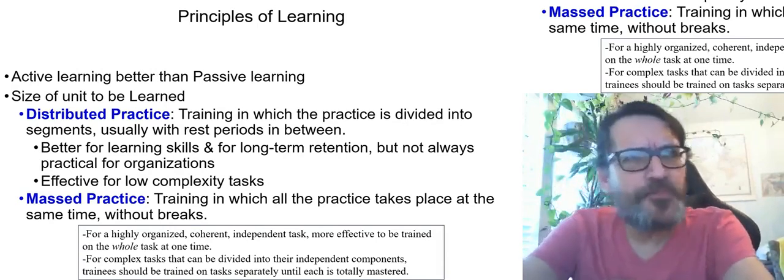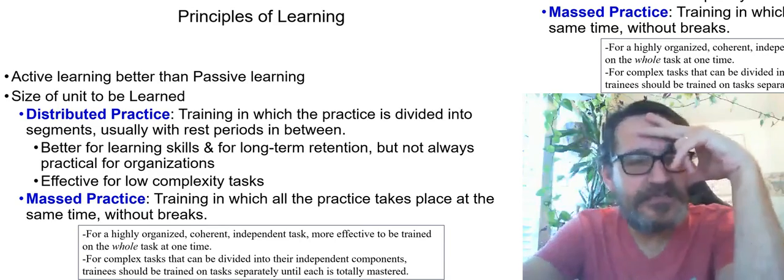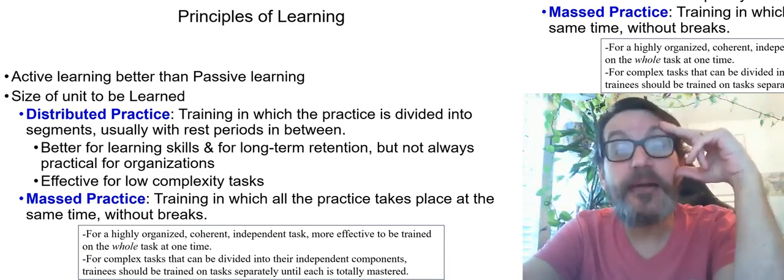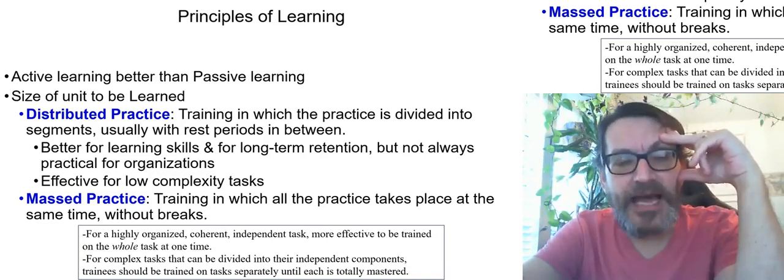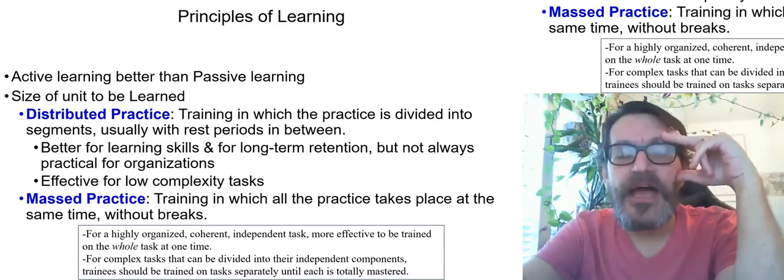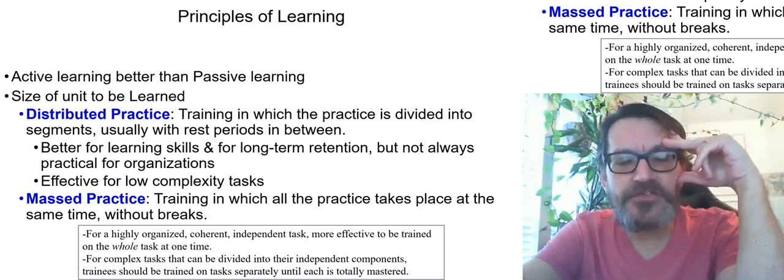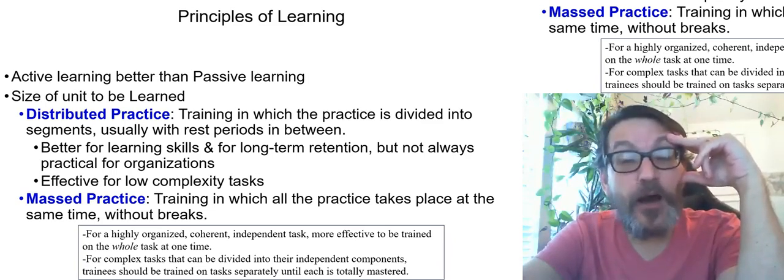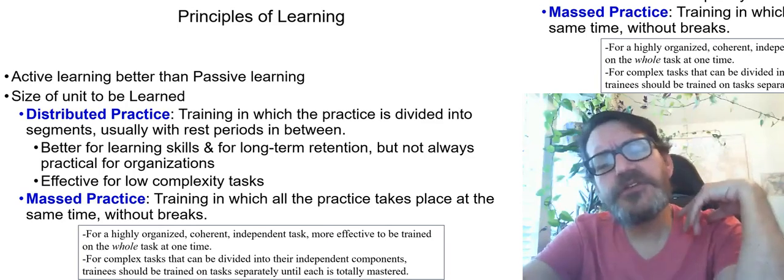But one of the biggest things is Hermann Ebbinghaus, the guy that created the learning curve, or forgetting curve more importantly. Ebbinghaus discovered a lot of things about the process of learning, but one of the things he learned is that there are distinctly different outcomes if you use distributed practice versus mass practice.